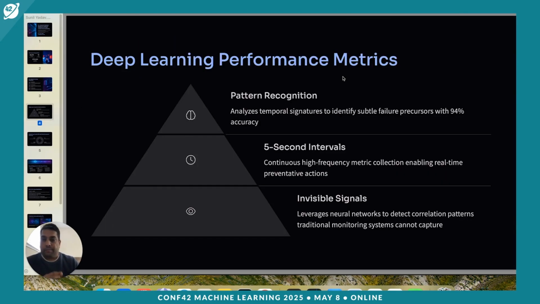For machine learning, we need to ensure deep learning of the performance metrics is done by the database and the entire solution. Pattern recognition is the first step.